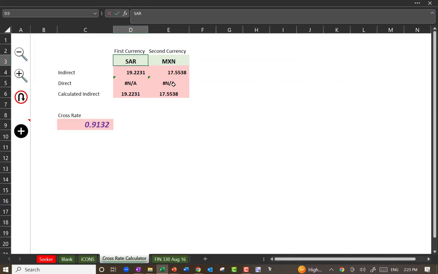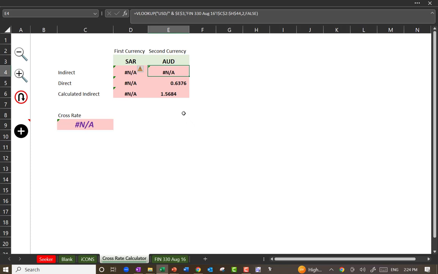Or if I want Saudi Arabian Rial in Australian dollar terms, apparently I don't have Saudi Arabian Rial in this table. So let's see.